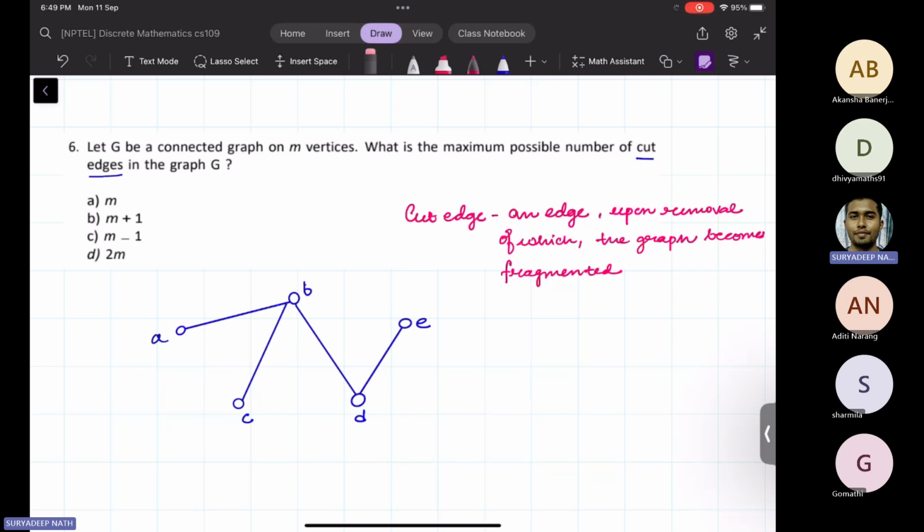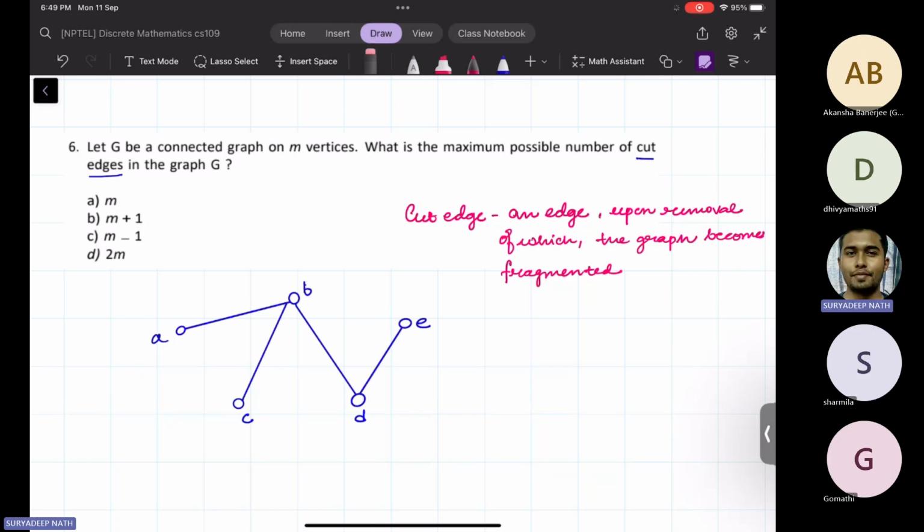Still connected graph means you pick any two random nodes from the graph and you will always get a path between those two nodes. So that is not possible when the graph is fragmented. If I remove the edge between A and C, it does not affect the connectivity. Now if I remove B and C, it still remains. If I remove E and D, what do you think? The graph becomes fragmented or not?